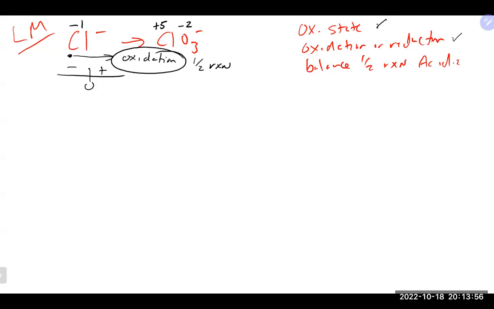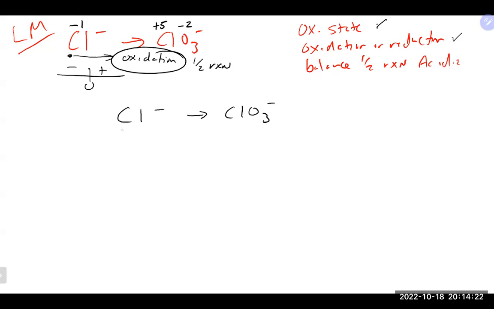The last thing you're going to do is actually balance this. And you're going to balance it in acidic conditions, I believe is what it says. Yes. So that is basically what we just did, but you're just going to do it for just this half of the reaction. You would start just like we were doing those problems a second ago. The first thing that we would want to do is balance all the elements other than oxygen and hydrogen.